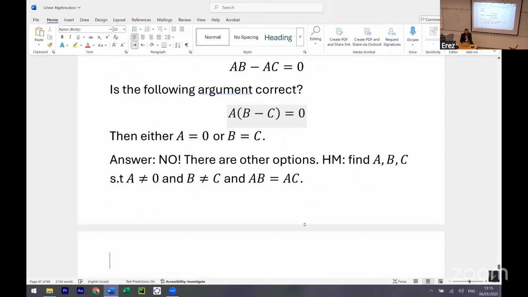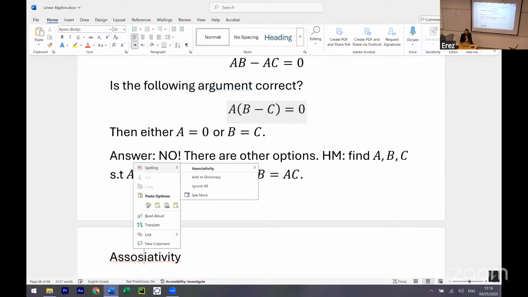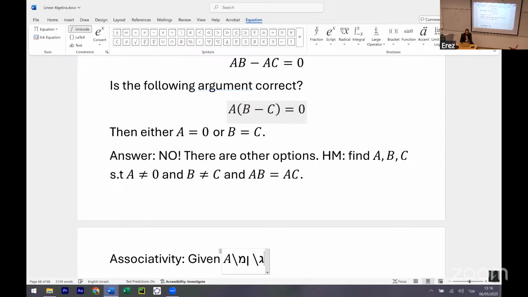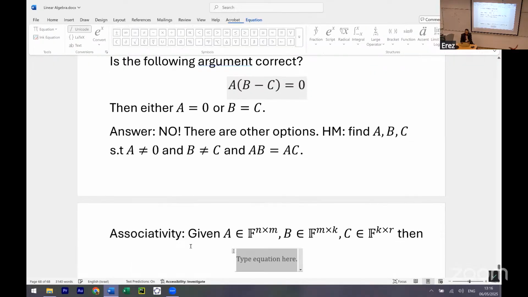The associative rule, associativity. Given A in the size n by m over the field F, B a matrix of the size m by k, and C a matrix of the size k by r, then (A times B) times C equals A times (BC).